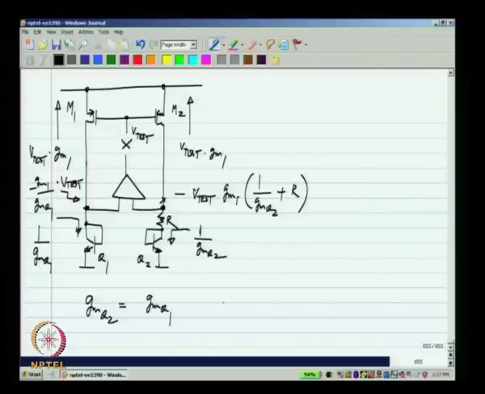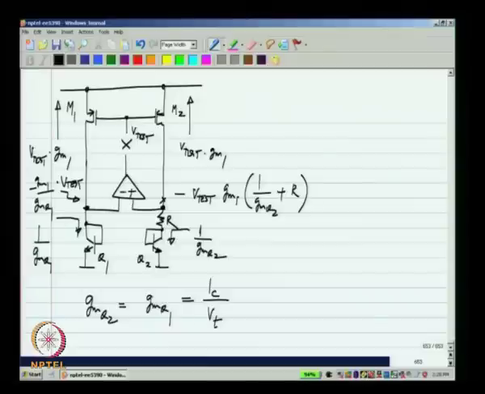The Gm of a bipolar transistor depends only on the collector current, and the expression is IC by Vt for both. So, you can clearly see that this Gm1 by Gm_Q1 is some number, and here we have Gm1 times (1 over Gm_Q1 plus R). So, the gain from V test to this point is more negative than the gain from V test to that point.